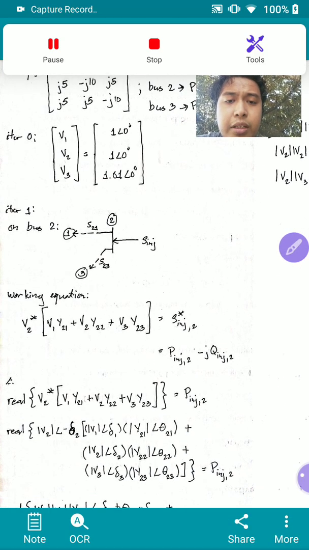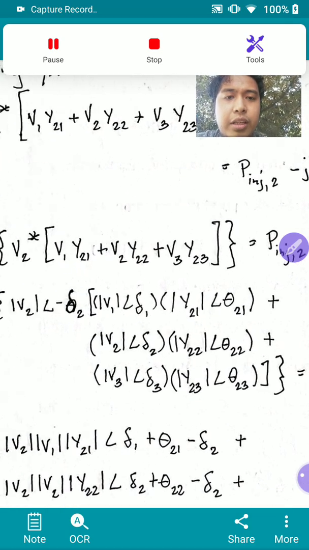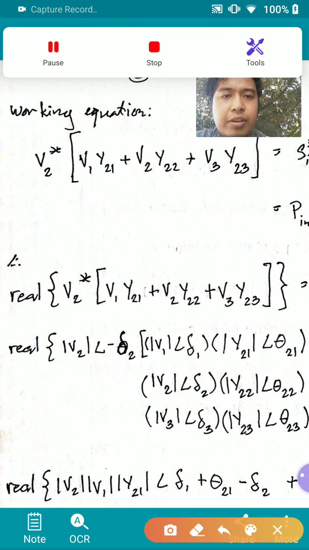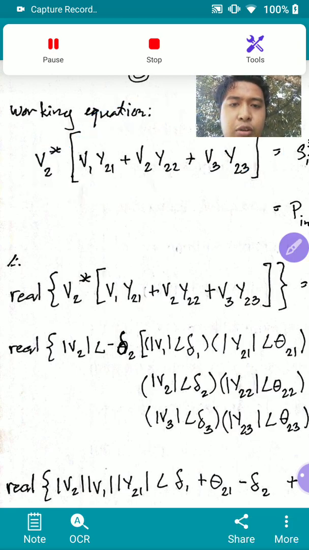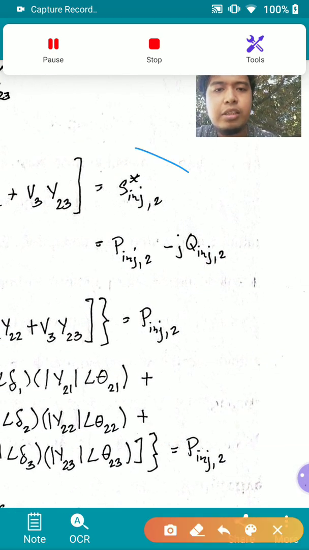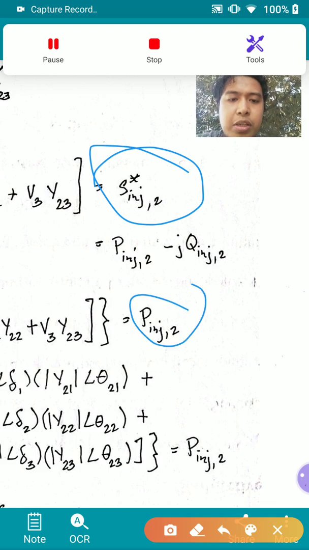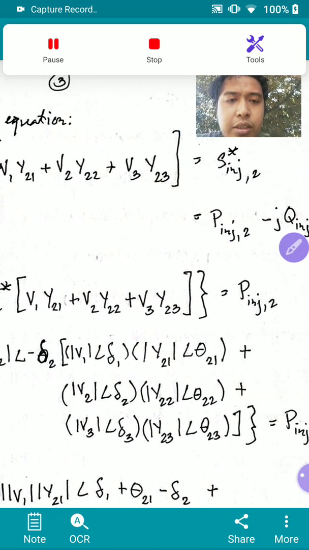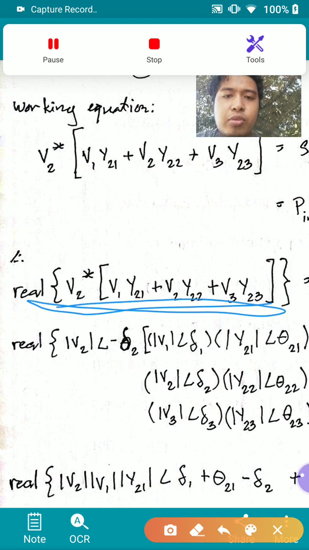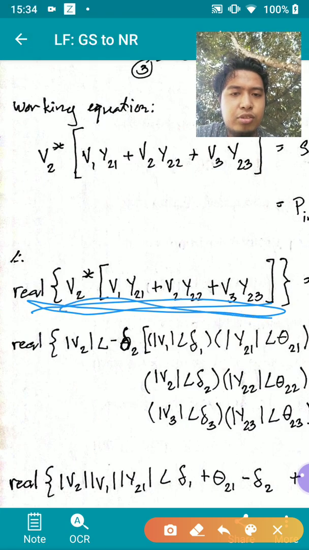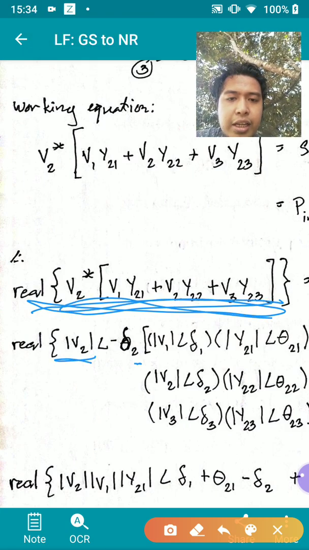Now, if I dissect this into its real component, then that real component is equivalent to the real component of this one, which is P injected. So P injected can be equated into the real component of this one, and I can expand this to show the magnitude and the angle.